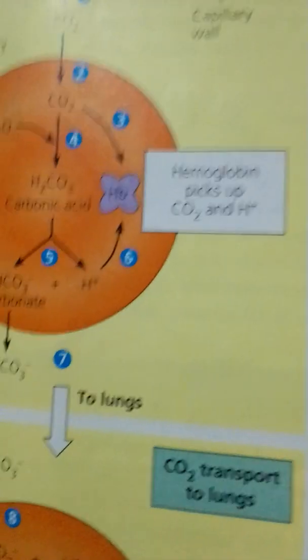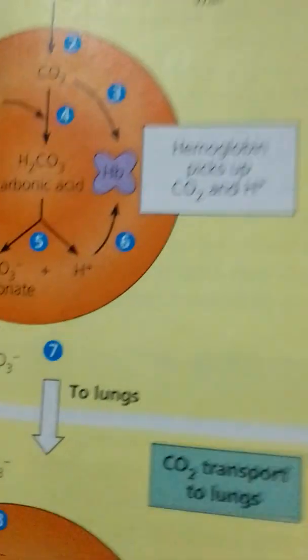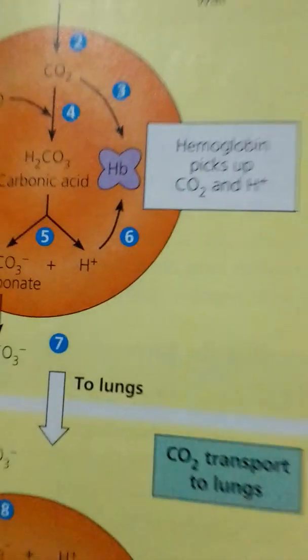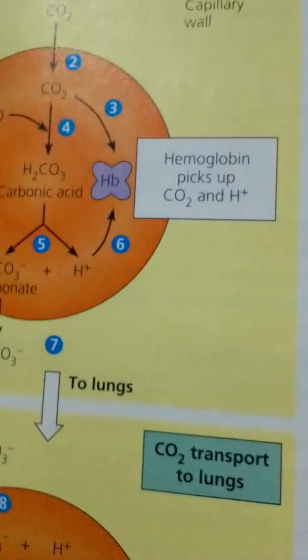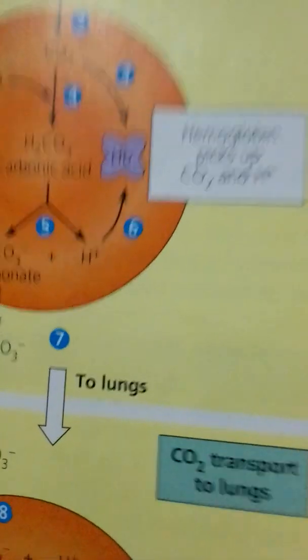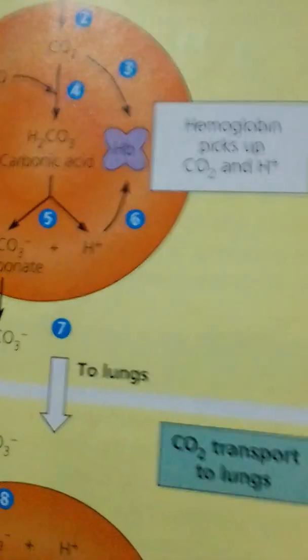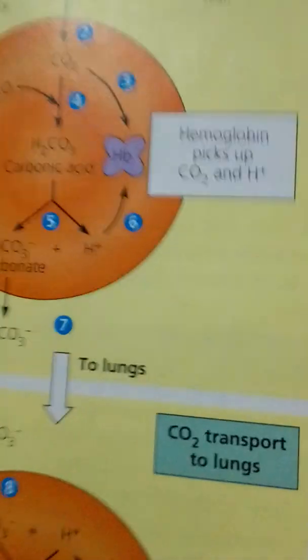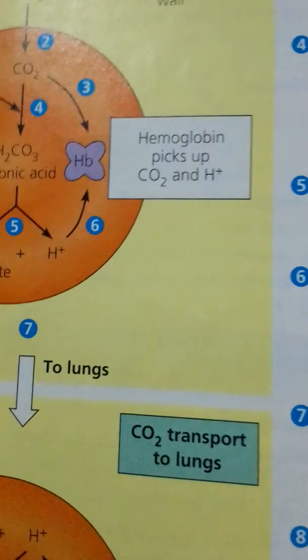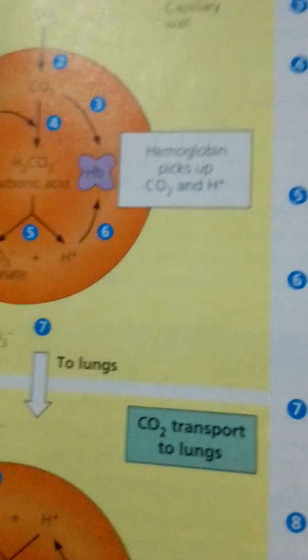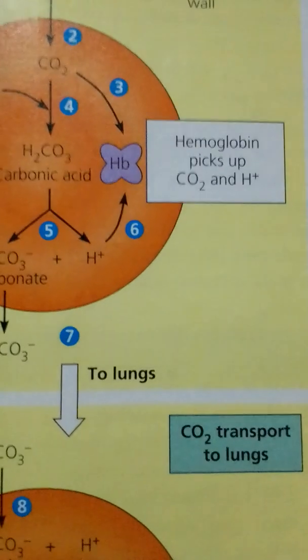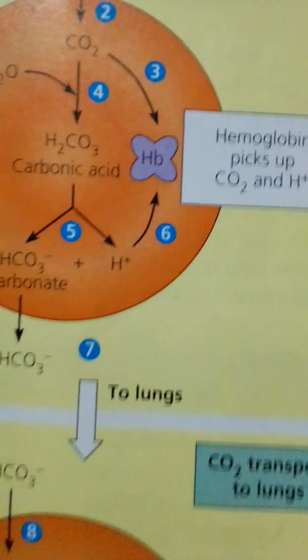Most of the H positive attaches to hemoglobin and other proteins, minimizing the change in blood pH. The HCO3 minus diffuses into the plasma. As blood flows through the lungs, the process is rapidly reversed, as diffusion of CO2 out of the blood shifts the chemical equilibrium in favor of the conversion of HCO3 minus to CO2.